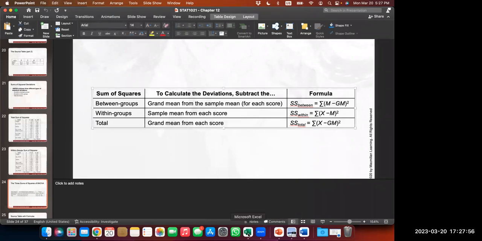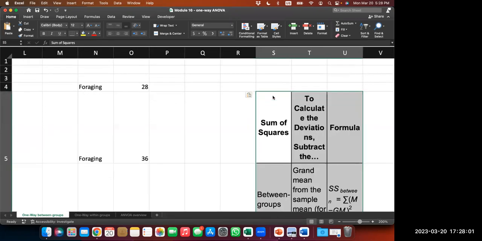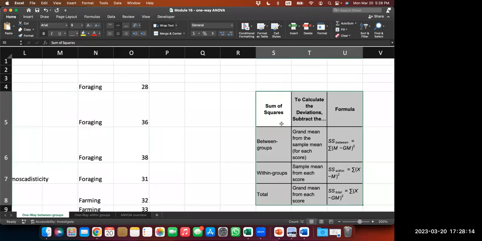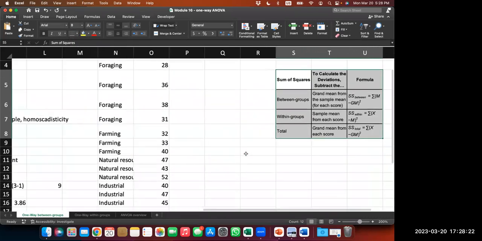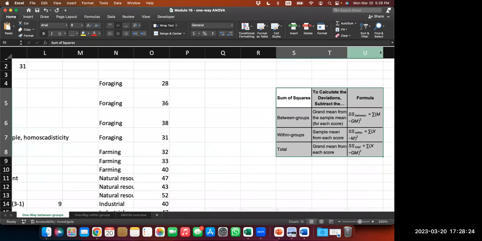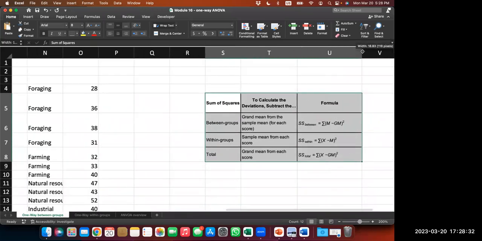Let's bring this into the Excel spreadsheet to illustrate it. Firstly, we want to make this smaller. So we have here three different formulae.